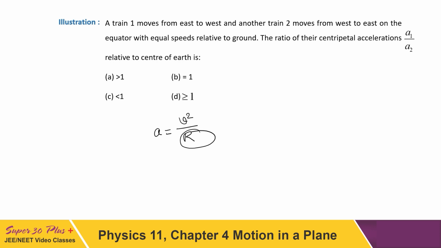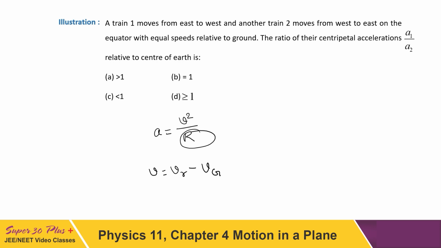But what about V? One train is moving from east to west, and as we know, the rotation of earth is from west to east. So while writing V for train 1, V has to be equal to the speed of the train with respect to ground, let that be VR, plus the velocity of ground, but as these two are in opposite directions, it will have magnitude VR minus VG.